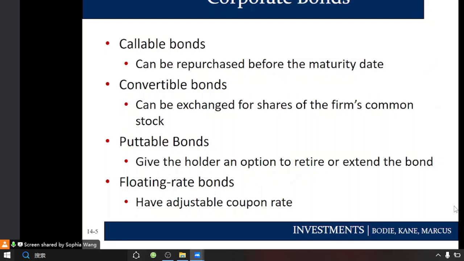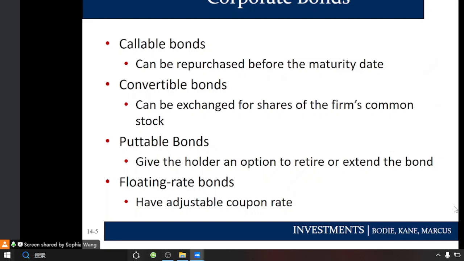Suppose that the interest rate in the bank is 2%. If the company wants to issue the bonds and attract you to buy them, the interest rate, of course, should be higher than the bank, right?